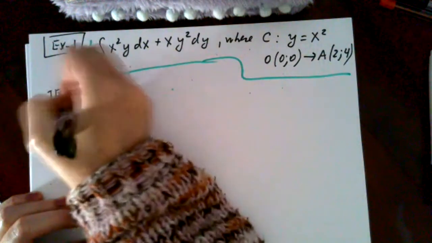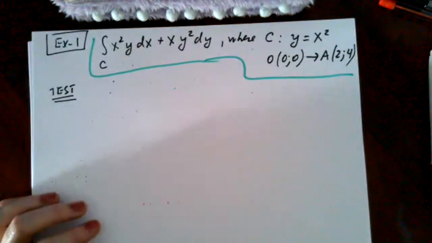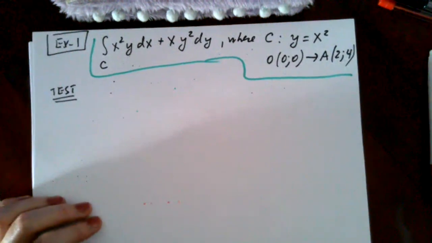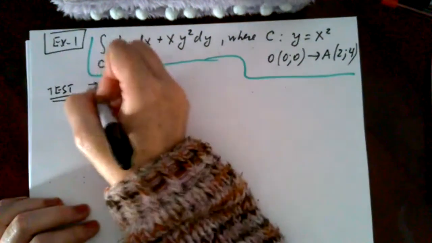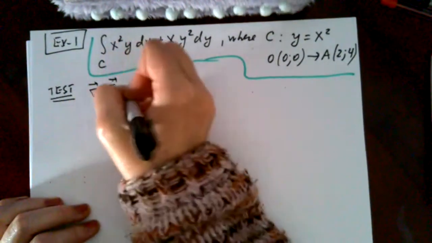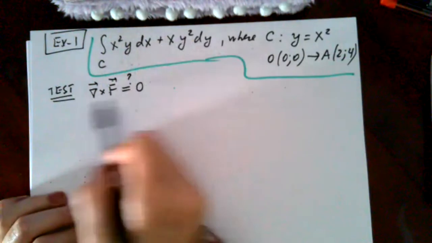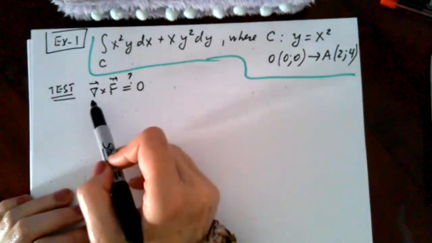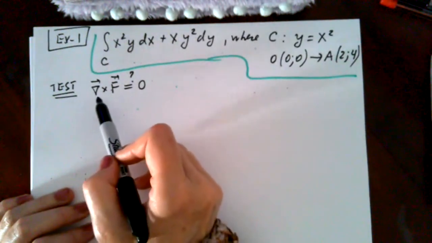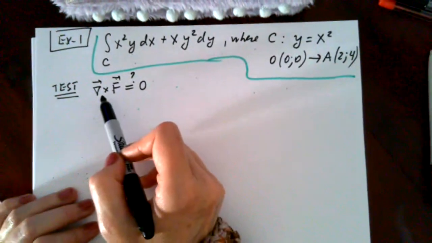By the way, maybe you remember, maybe 2 weeks ago, I told you the shortcut for checking the curl. Calculating the whole curl of your field is quite a long story, because you need to write down this determinant, i, j, k, and so on.